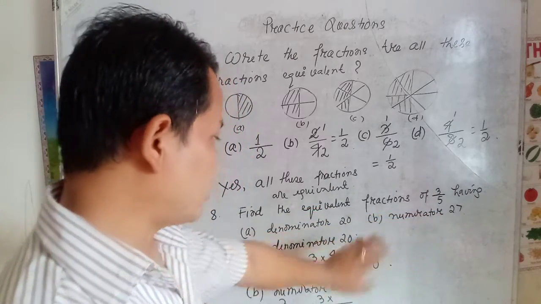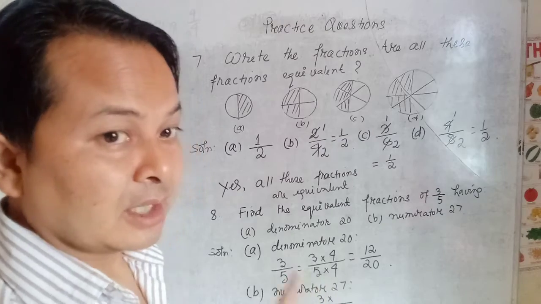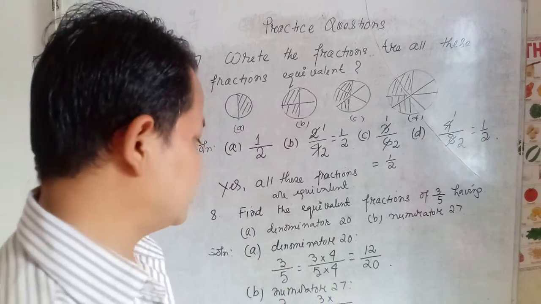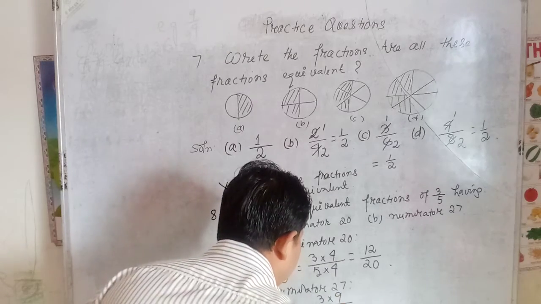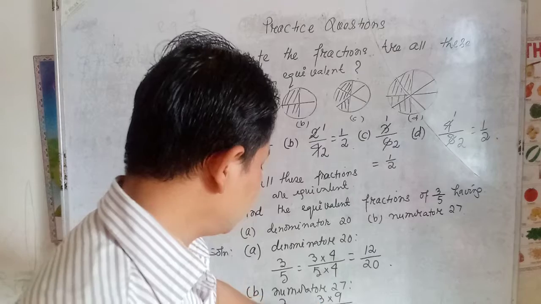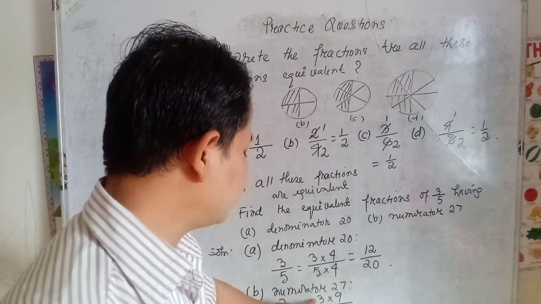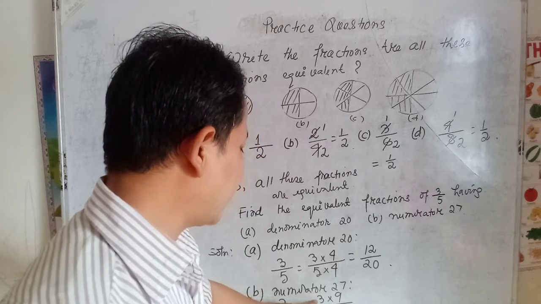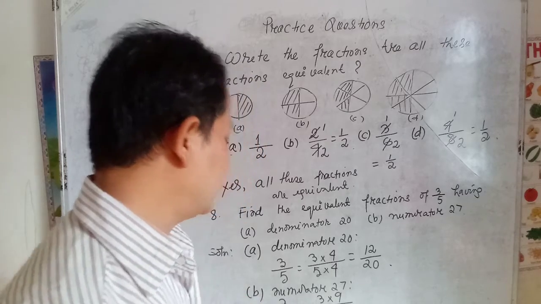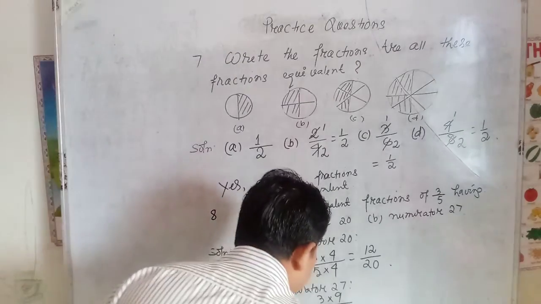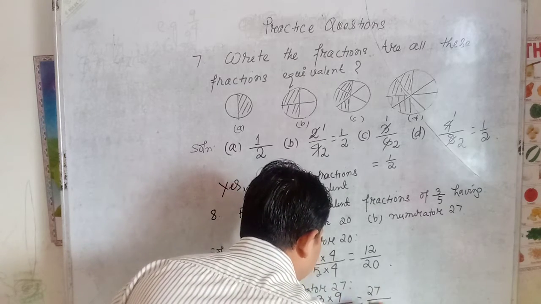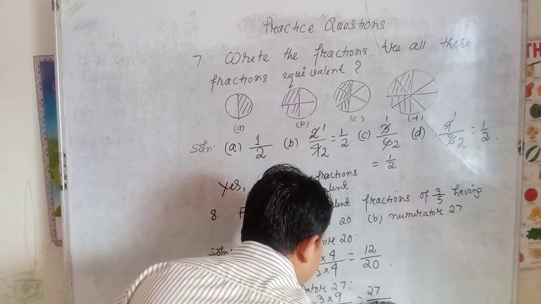That's why we have to multiply by a number, and that number should be 9, isn't it? Because 9 times 3 is 27. So multiply by 9 both the numbers 3 and 5. That means we multiply the numerator by 9, and also the denominator by 9. So 9 times 3 is 27, 9 times 5 is 45, like this.